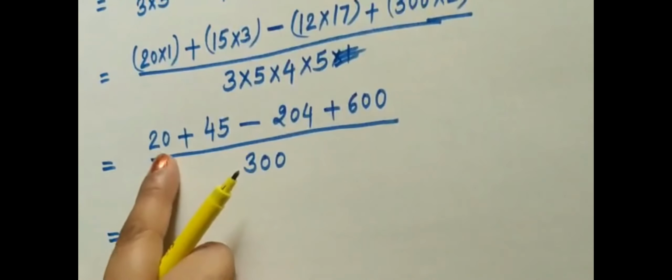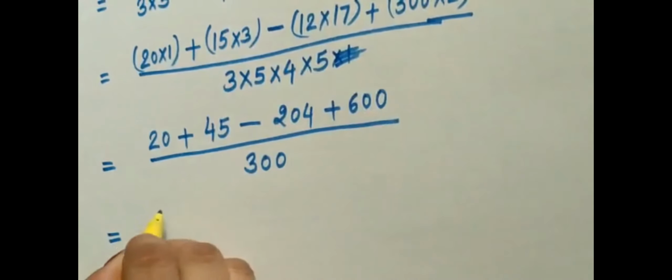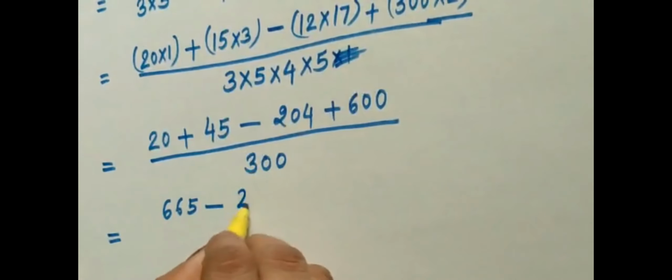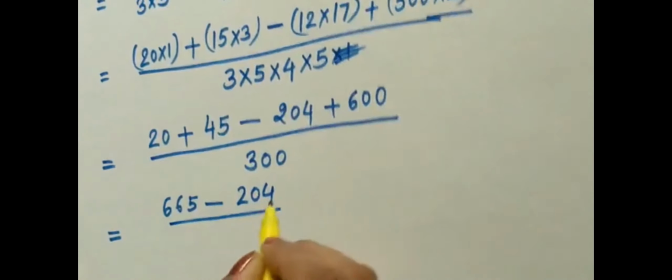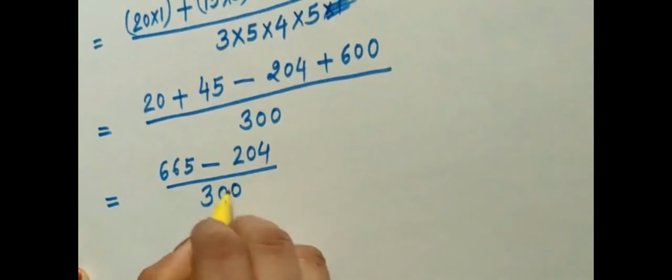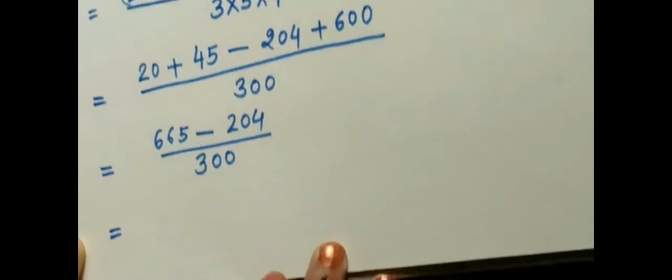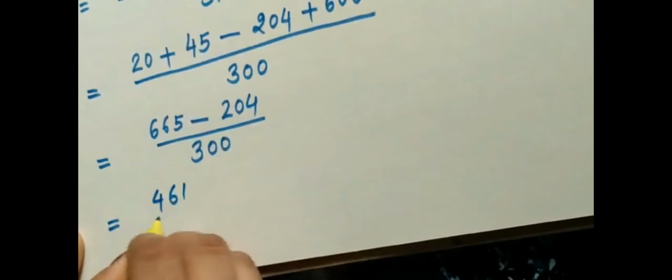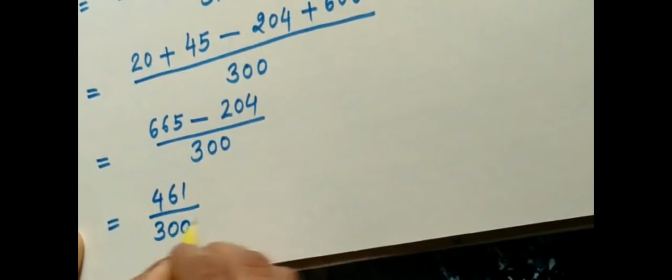Now we need to add all the terms with the plus sign. So 20 plus 45 plus 600, that is 665, minus 204, by 300. Now 665 minus 204 gives us 461 divided by 300.